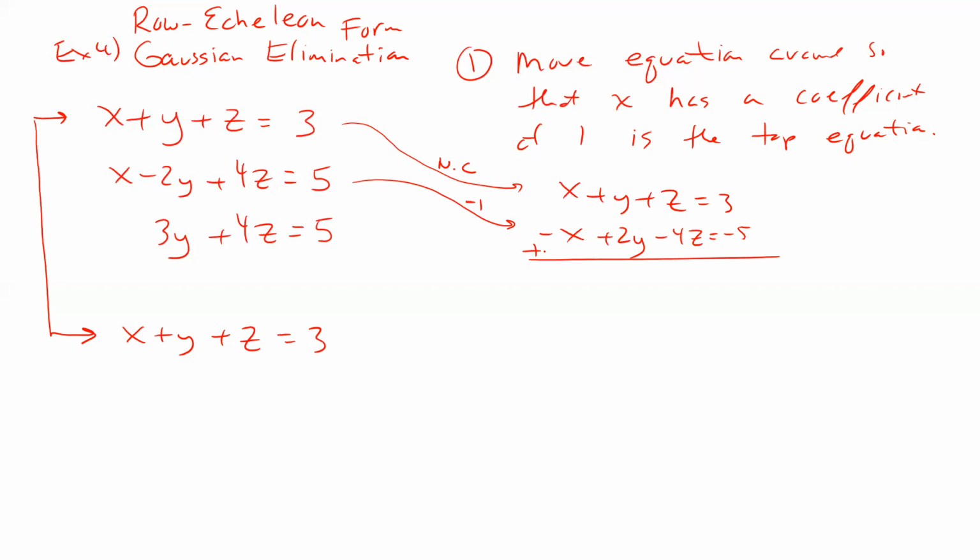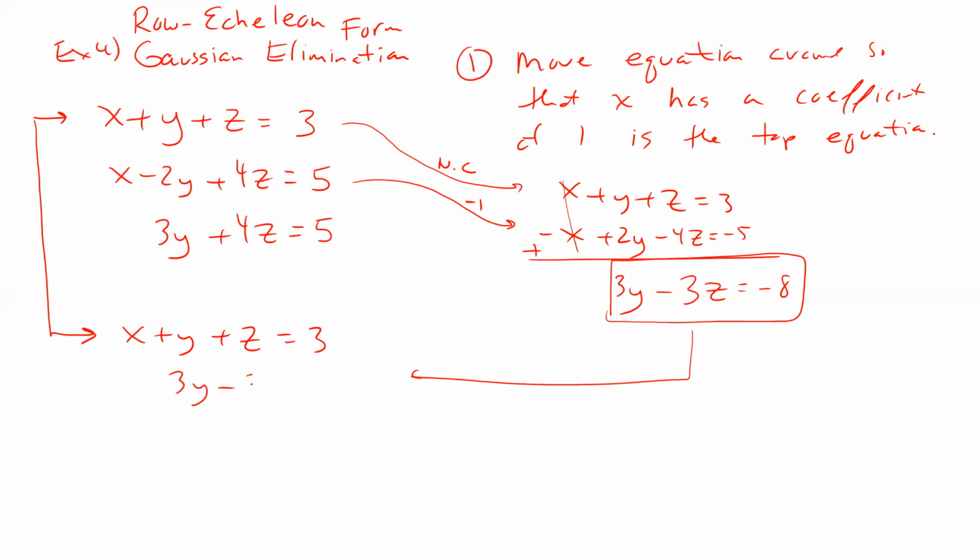Add this up. What do we get here? We get 3y minus 3z. Perfecto. So now this becomes our new equation number 2. So this rolls into right here: 3y minus 3z is equal to negative 8.